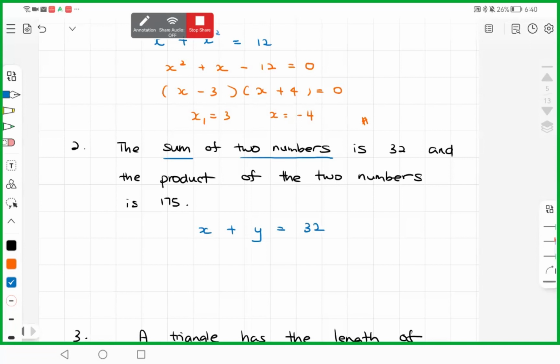And the product means, what's the meaning of product here in mathematics? Yes, you're right. Times, multiplication, right? The product of the two numbers is 175. Since we let the two numbers be x and y, product means multiplication, so x times y is 175.